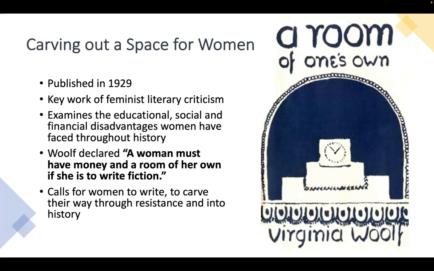At any rate, one of the most famous quotes from which we get the title of this work is Woolf's declaration that a woman must have money and a room of her own if she is to write fiction. And what she means by this is that traditionally a married woman who was working in the home as a mother, as a housewife, would not have space for herself, money for herself, by which she could feel secure and independent and able to pursue her dreams.